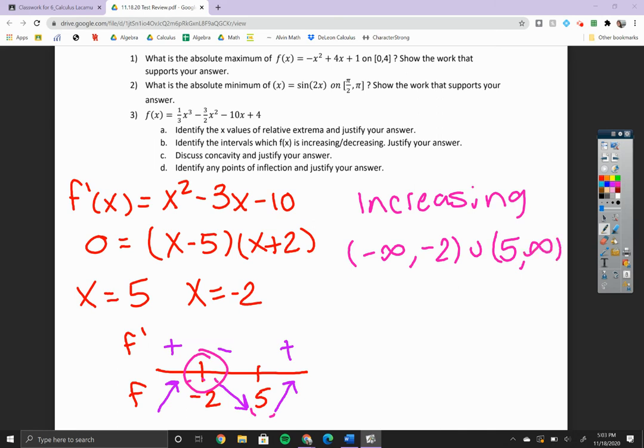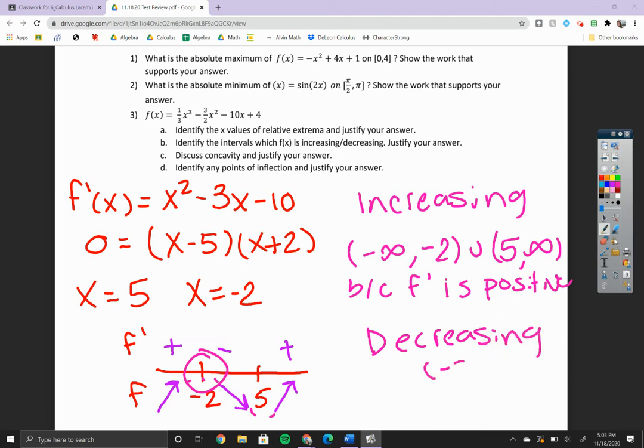And the way we know this is because f prime is positive. Then it's decreasing from -2 to 5 because f prime, not double prime, f prime is negative. So those are the answers to A and B.